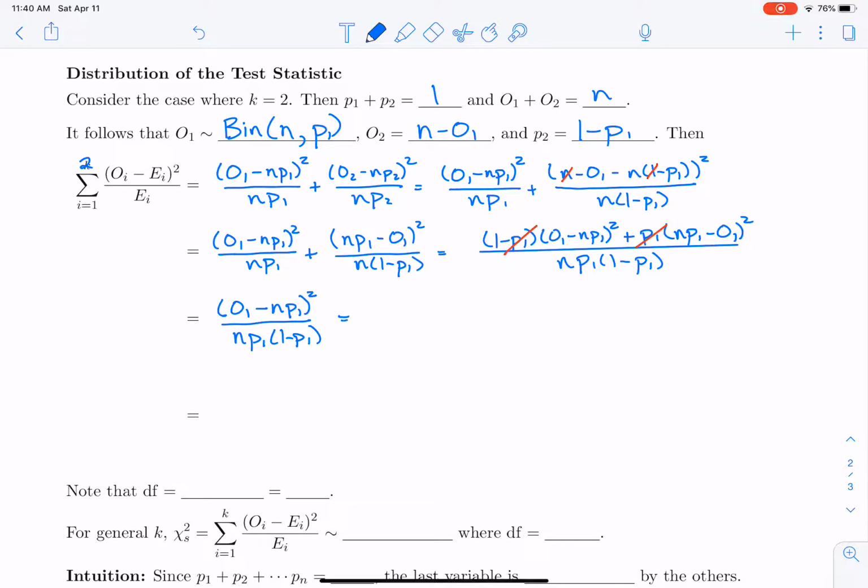What I'm going to do is write that as all a square. So this is going to be (O1 minus np1) divided by the square root of n p1 times (1 minus p1), and I'm going to square that. And then I'm going to divide the numerator and the denominator by n.